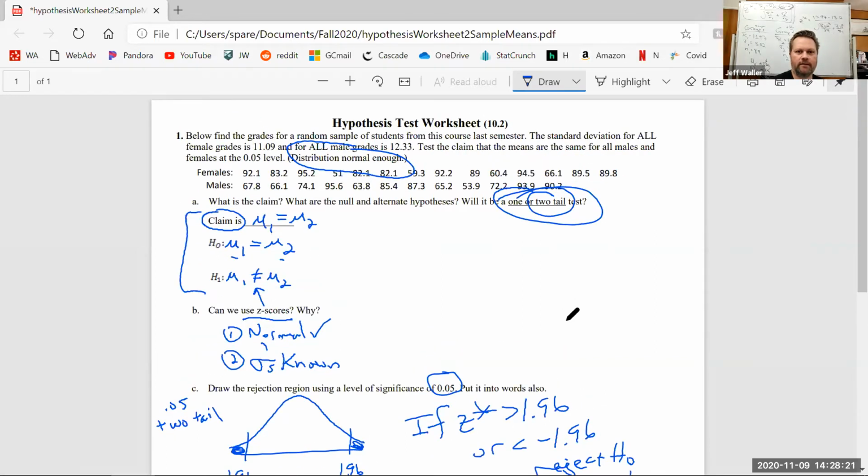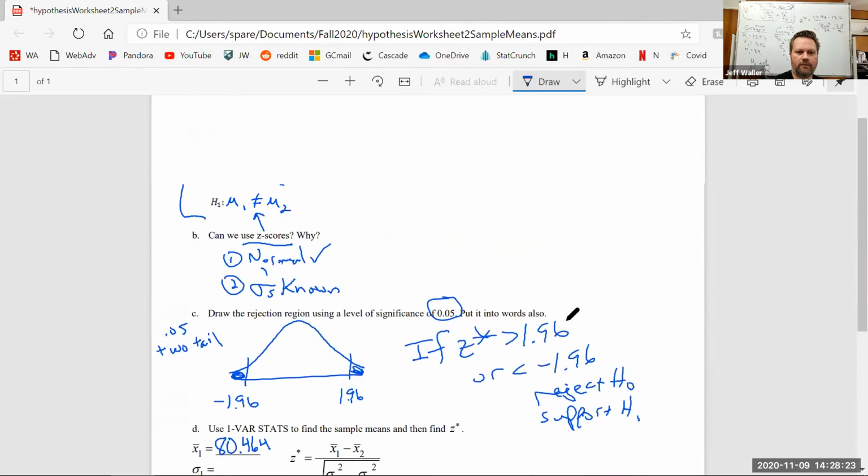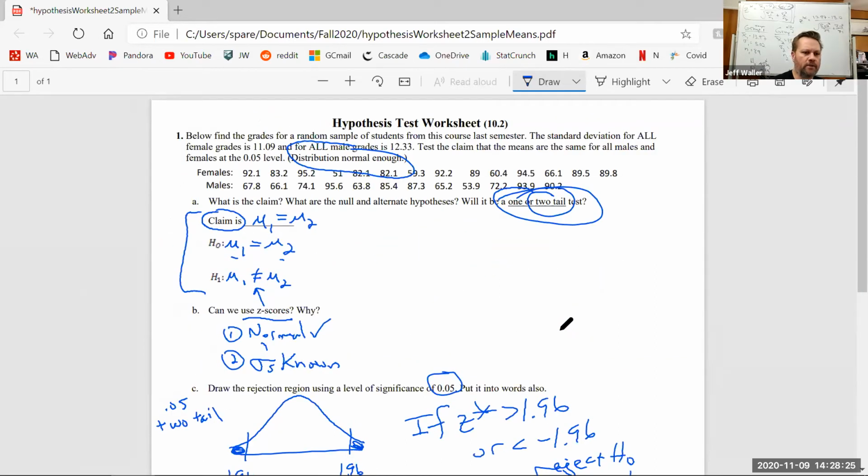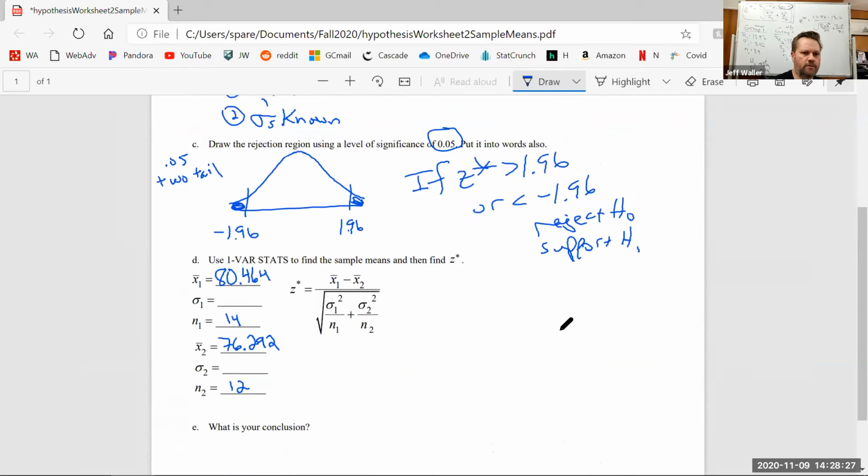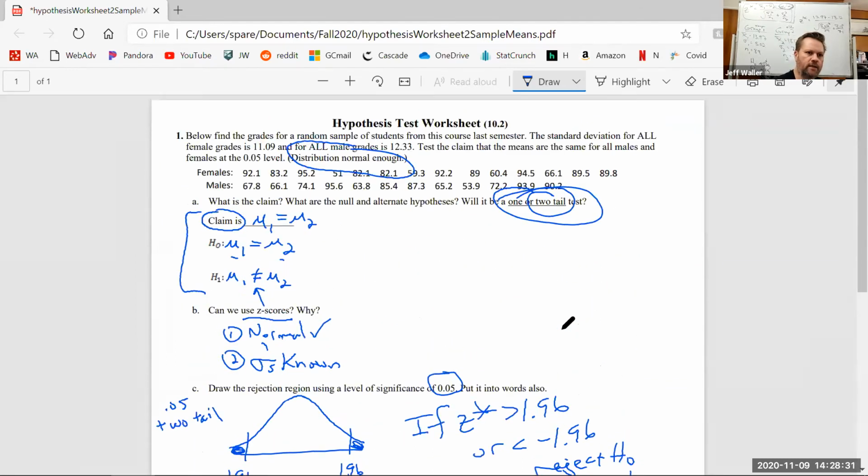Let me see. 11.09 and 12.33. By the way, before we get too far with this, this is huge. I'm going to call females group 1 and males group 2 just because that's the order that the data was given to me. Are you guys with me? You have got to identify what group 1 is and group 2 and keep it consistent. It especially is important when I have a 1-tailed test.